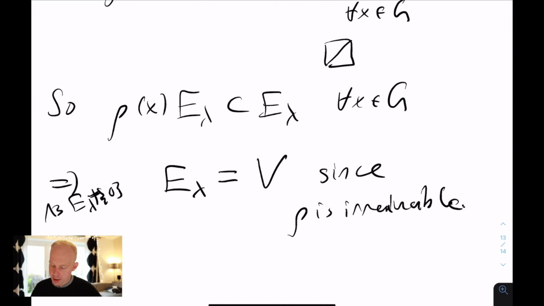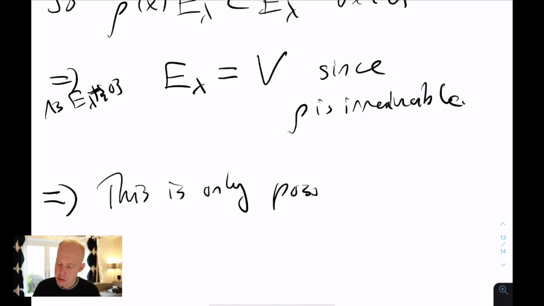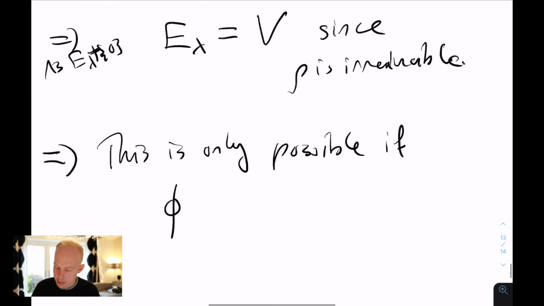Remember that this is the eigenspace, so the eigenspace is everything, generated by a single thing. This is only possible if phi is equal to lambda times I.